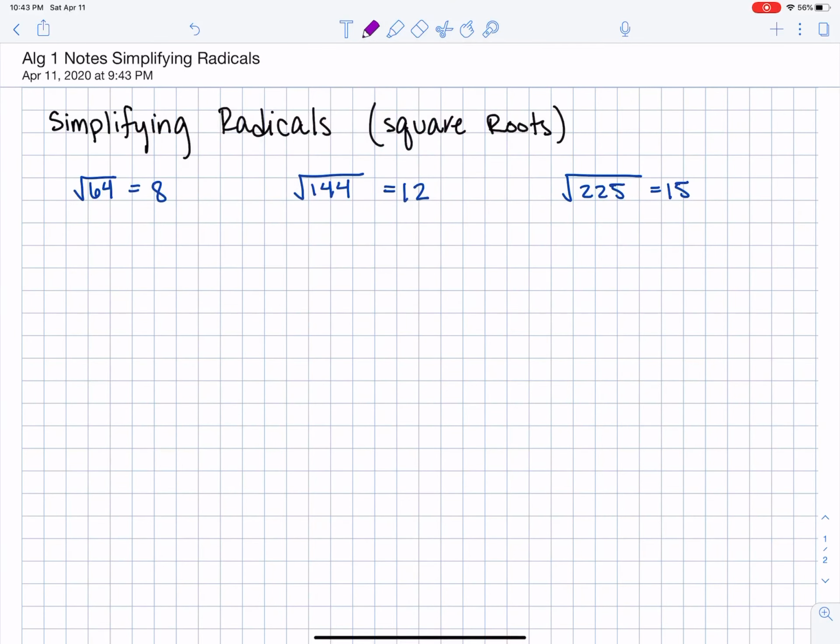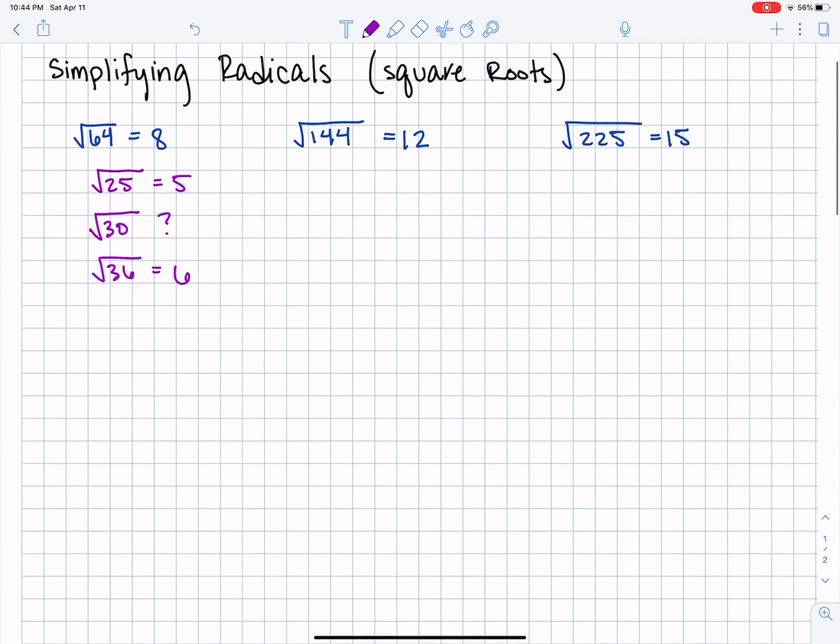However, sometimes we might run into a number such as the square root of 30. All right? And the square root of 30, I'm thinking of numbers times itself that equal 30. And I can't quite get there. However, I do know that the square root of 25 is 5, and the square root of 36 is 6.